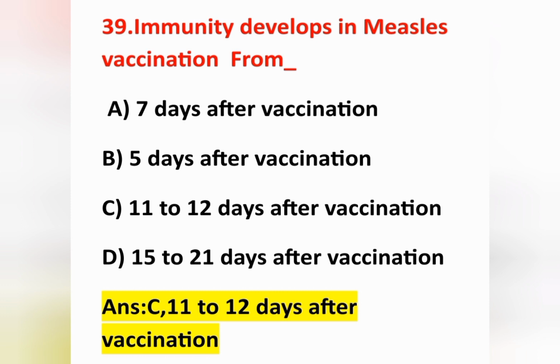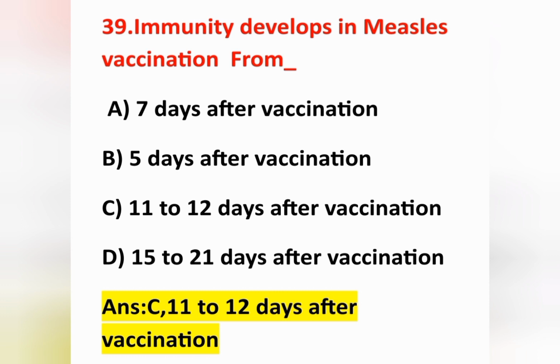Measles is a highly infectious disease in childhood caused by myxovirus. The reconstituted vaccine is administered in a single subcutaneous dose of 0.5 ml.